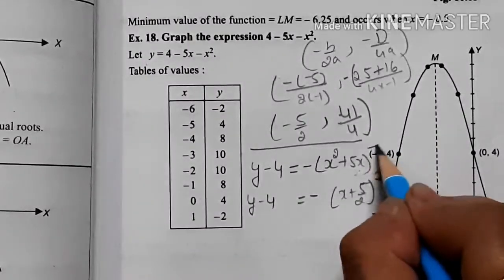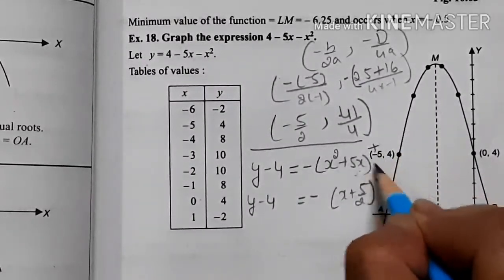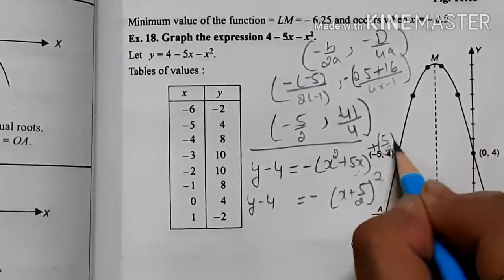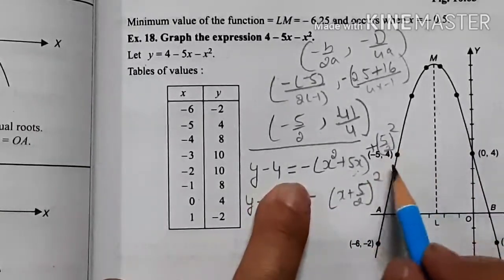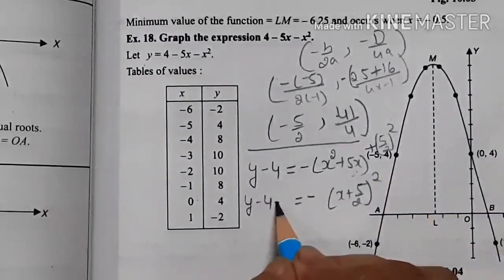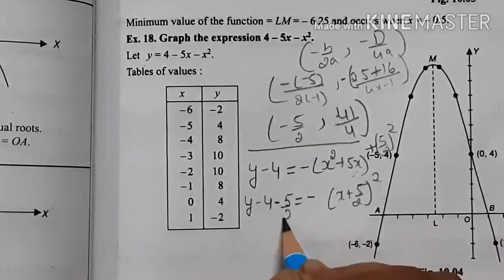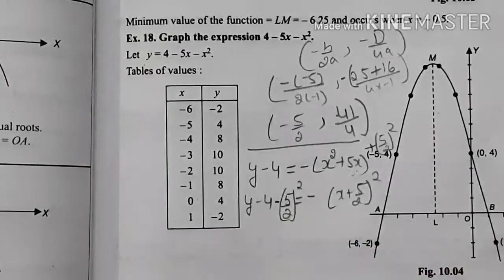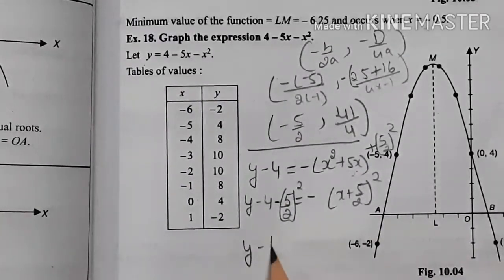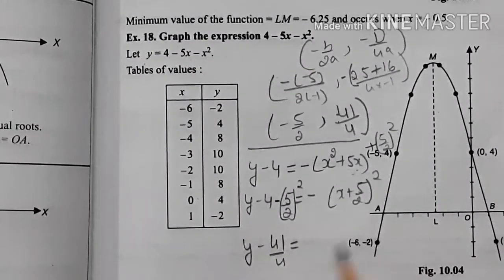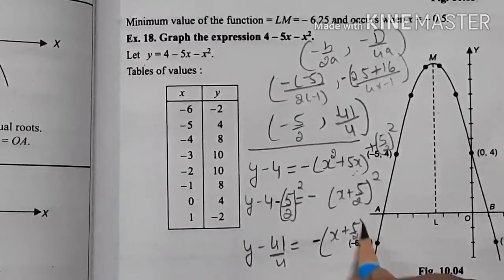So I am going to add 5 by 2 whole square within the bracket, but when you open the bracket it will be negative 5 by 2 whole square, that means it also should be subtracted on the right side. So this becomes minus 25 by 4, and when you take the LCM you get minus 41 by 4 here, negative sign kept outside, and x plus 5 by 2 whole square.